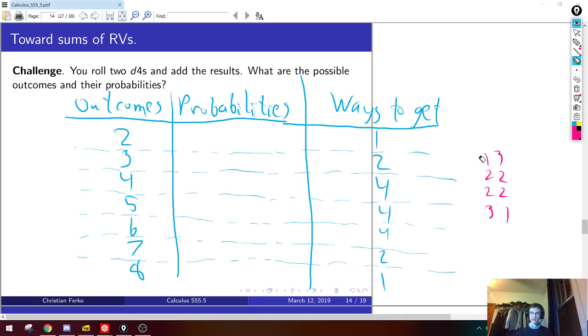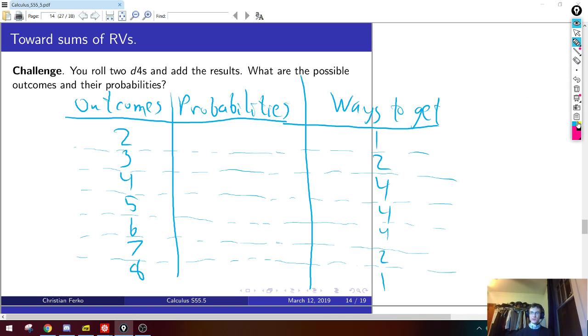Was the 5 correct? Are we supposed to be double counting? Let's see. I think so, because if we say the total number is 16, 4 times 4, that means there's 4 choices for the first and 4 choices for the second. Oh, maybe not. Is 2 and 2 really different from 2 and 2? No, I guess not.